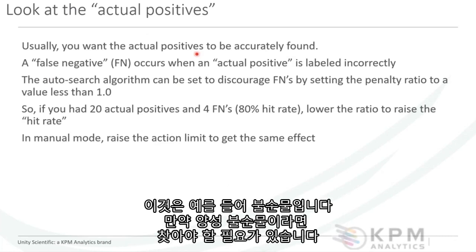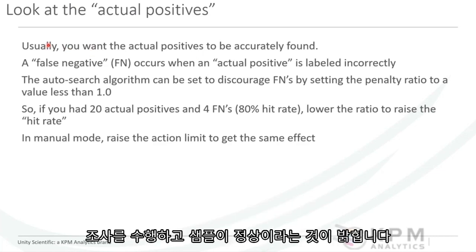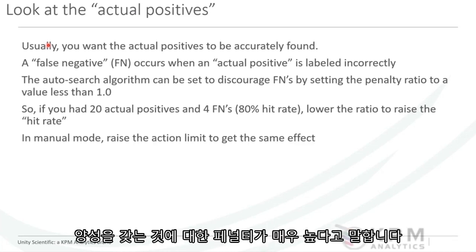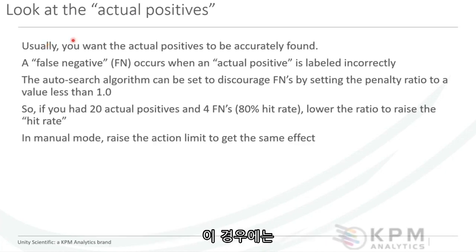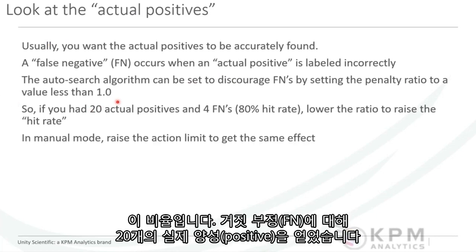If it's positive for an adulteration, you need to find those. And if you find a couple of samples that are in the gray area, you do an investigation and it turns out that the sample is fine, that's not a big penalty. Your instrument is still doing a good job of screening, but the penalty for having a positive slip through is very high. In this case, you can discourage false negatives by reducing the value, that ratio.